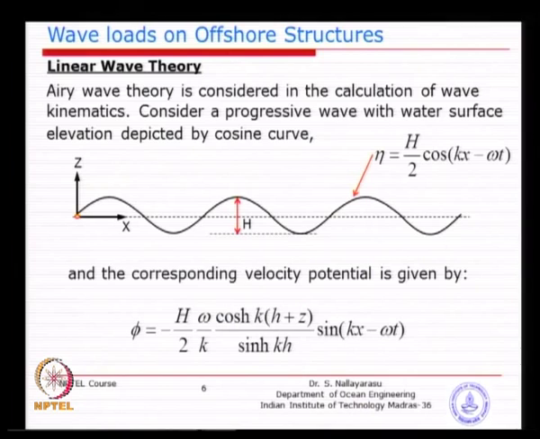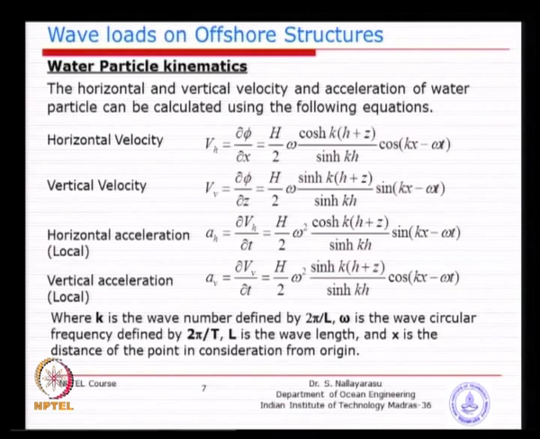So, basically we will find a relationship with the velocity potential, and the velocity potential is defined in such a way that the horizontal and vertical velocities could be computed from the velocity potential by the first differential, and the acceleration could be calculated by differentiating the velocity with respect to time. Basically this is the local velocity, local acceleration, not the convective acceleration, because we are looking at a particular location rather than the propagative or convective acceleration. That is why we are differentiating with respect to time.